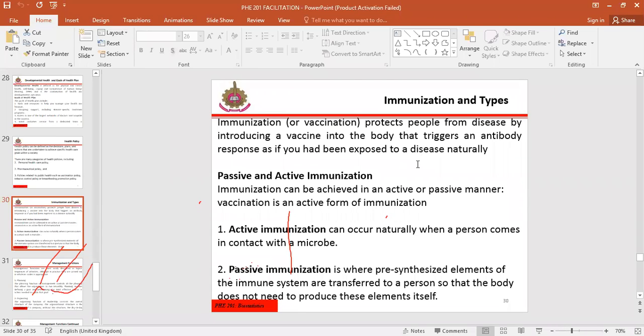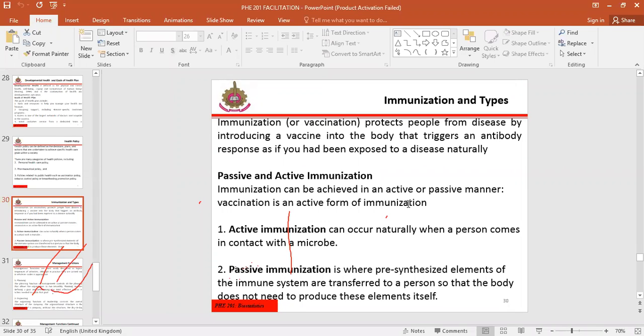For the purpose of this, we know we have types of immunization, which can be passive or active immunization. When we talk about active immunization, this means that it occurs naturally whenever the person in question comes in contact with a microbe. But passive immunization is not natural. The person has to be pre-sensitized with elements of immunology.